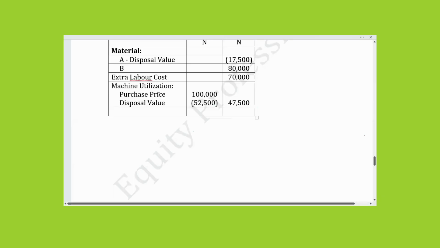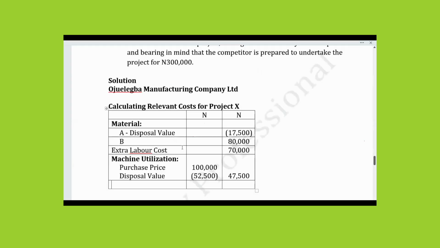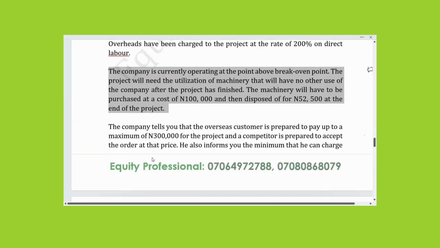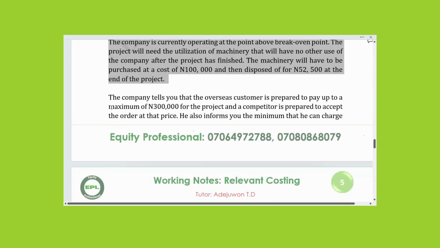Next item. Let me board this one. Time is just flying like anything. So let's go back. So we have treated this paragraph. The next one, the company tells you that the overseas customer is prepared to pay up to a maximum of 300,000 naira for the project, and a competitor is prepared to accept the order at that price.